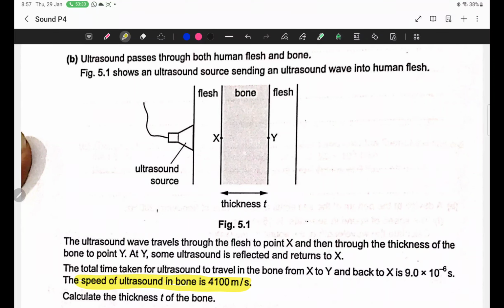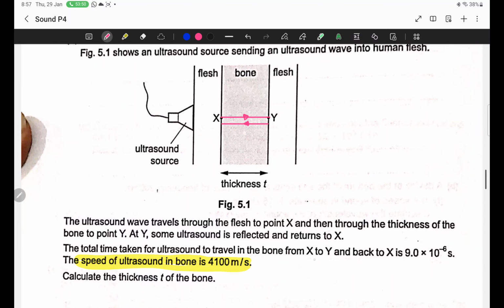The ultrasound travels from X to Y and then returns. From X to Y and back to X, you are given the time, and you have to calculate the thickness of the bone.